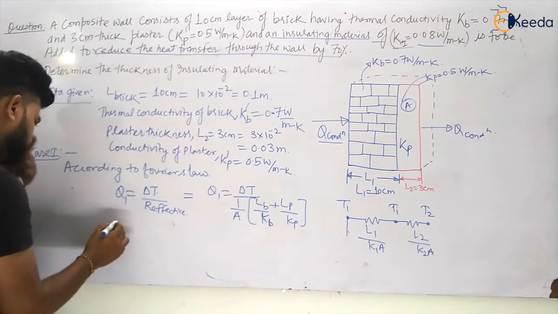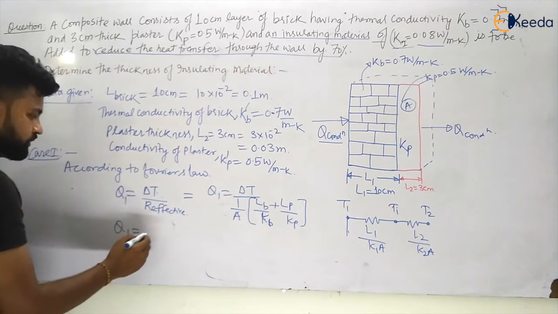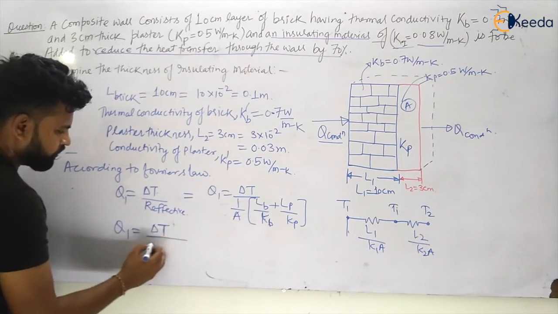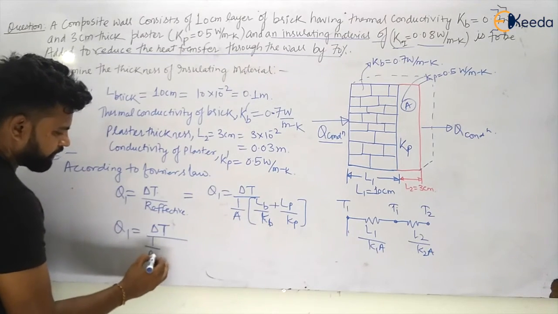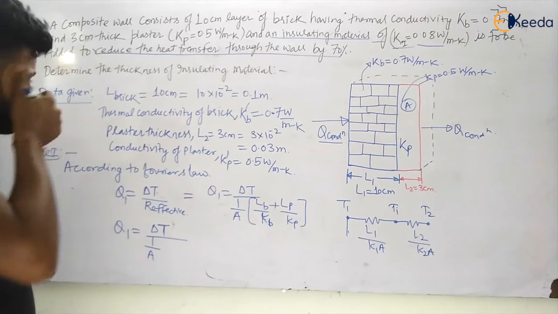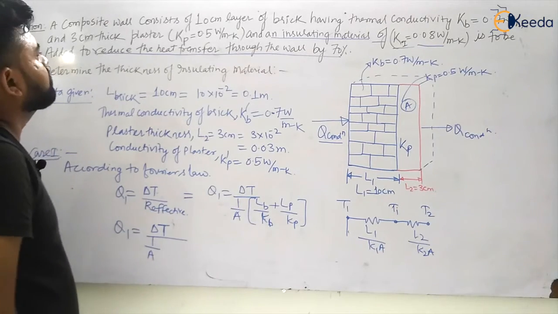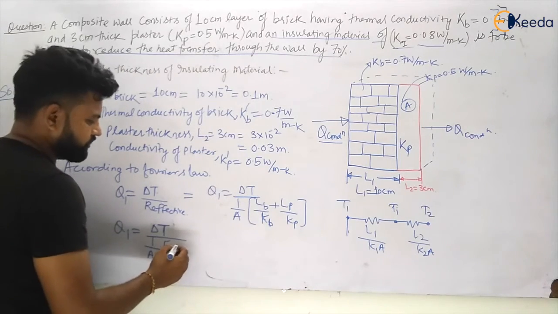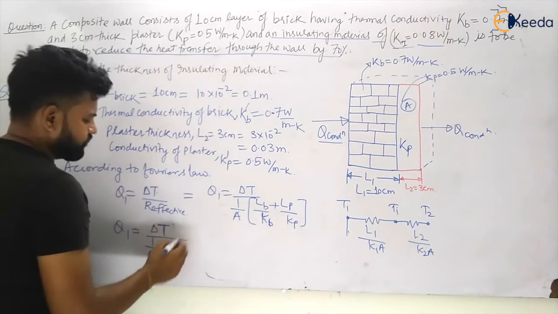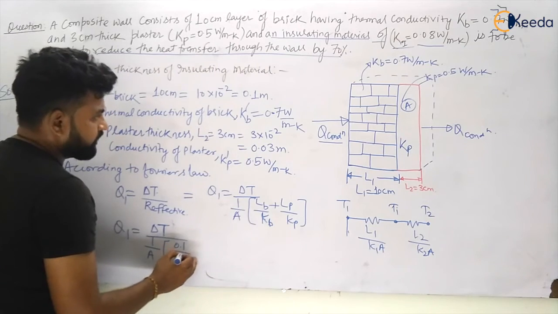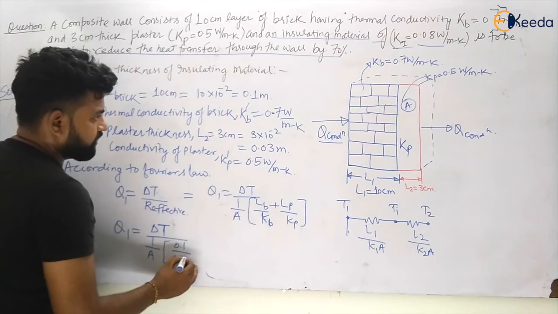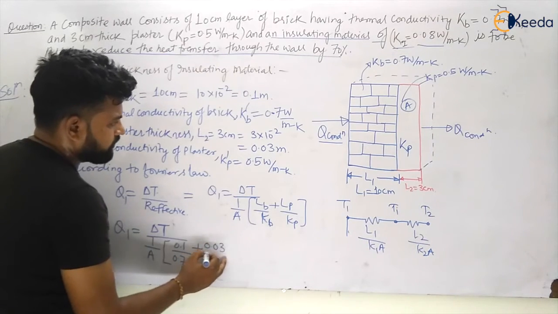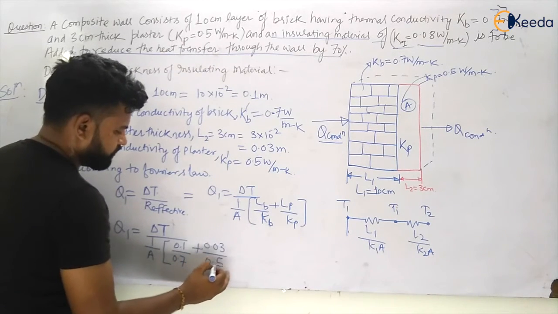So Q1 will become equal to delta T divided by 1 upon A into LB by KB. So LB is how much? 10 centimeter, but this is 0.1 meter now, divided by KB, which is 0.7, plus 0.03 meter divided by 0.5.